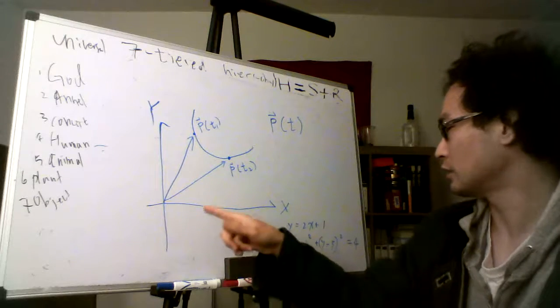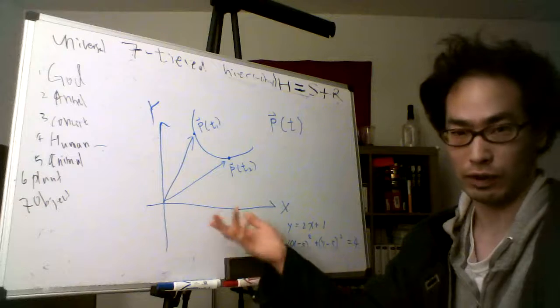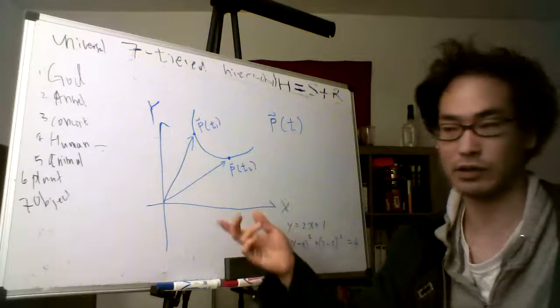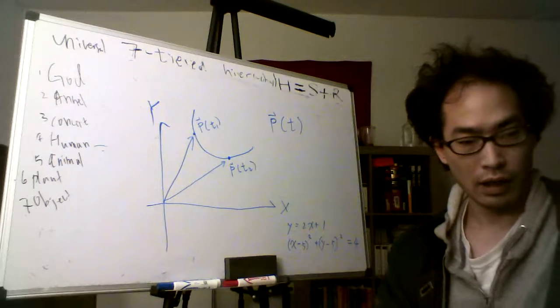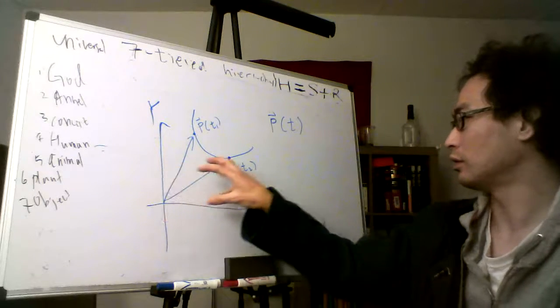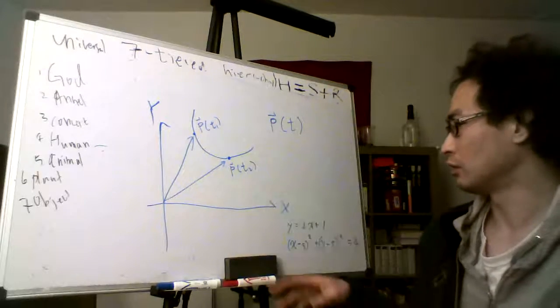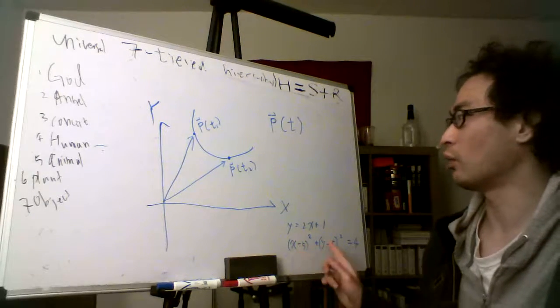if the circle is centered at the origin, it used to be x squared plus y squared is equal to 4, 2 squared, because the radius of the circle is 2. But we are shifting to a positive x direction and positive y direction. So now x is a bigger number and y is a bigger number.